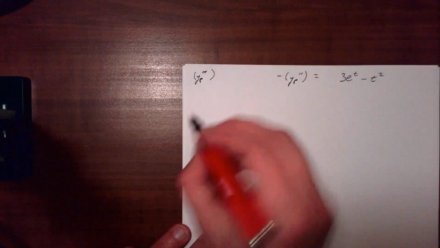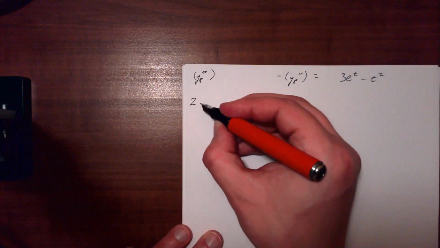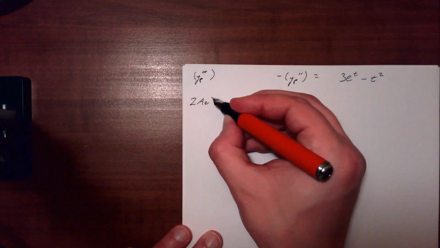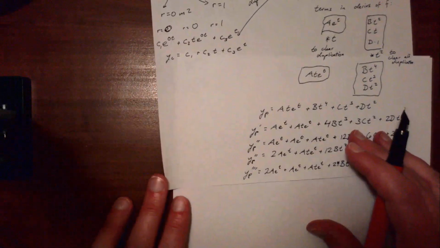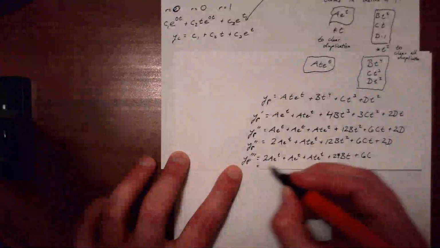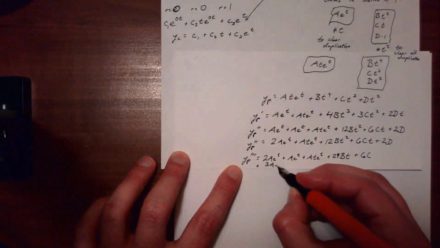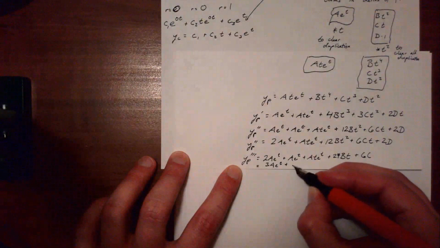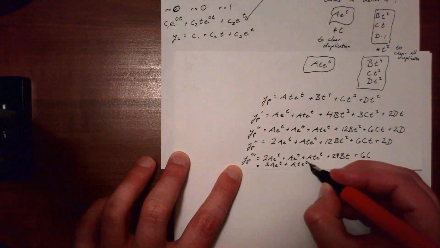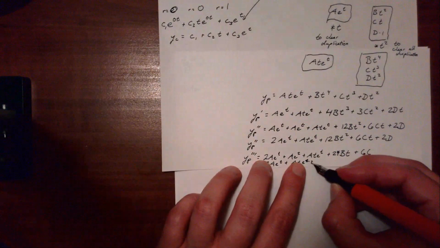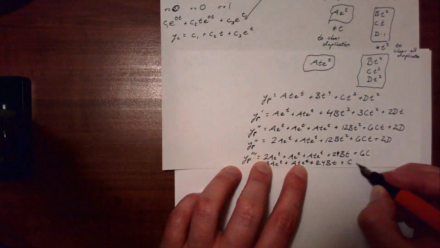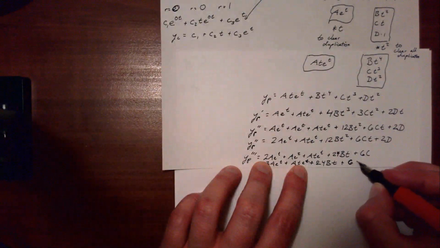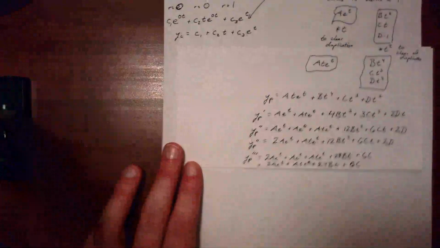We have 2a e to the t. Oh, I guess actually technically if I'm going to be simplifying this, I might as well put these together, so it's 3a e to the t plus a t e to the t plus 24 bt plus 6c. Okay.